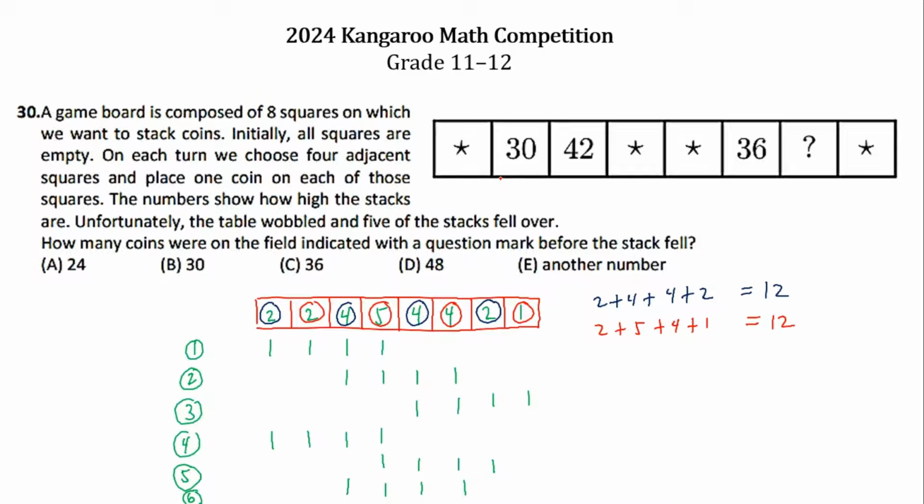Now we assume that the stars here represent the same numbers, so we can say this is x, this one's x, x. Let's represent the question mark by y. This one is x. Now let's add these to get 2x plus y plus 42.